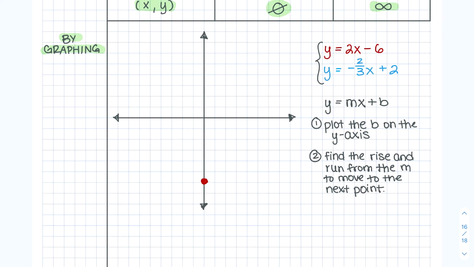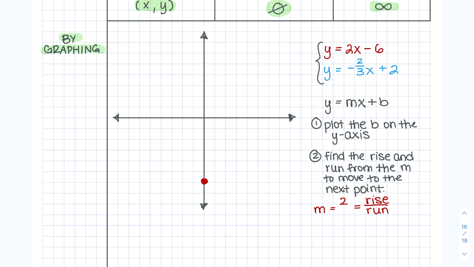Okay? So again, for my red equation, the m is 2. Okay, so I'm just going to write that down really quickly. m equals 2. All right, and we know that for all of our equations the slope m is rise over run. So I automatically know that my rise is going to be 2.